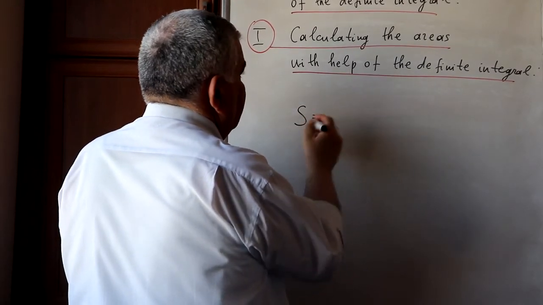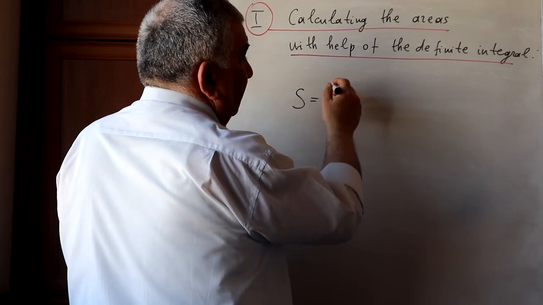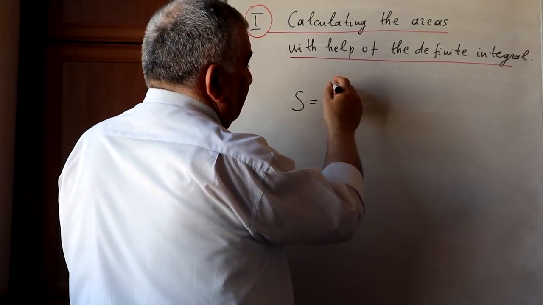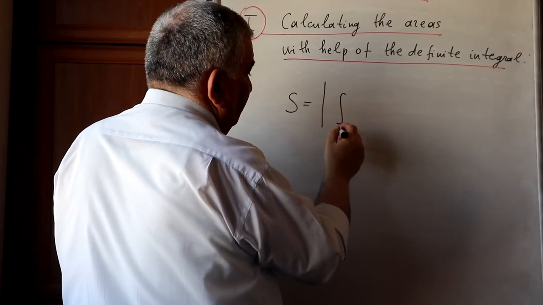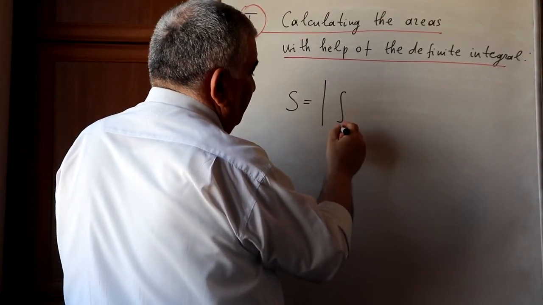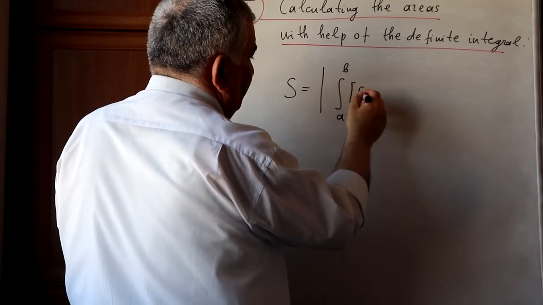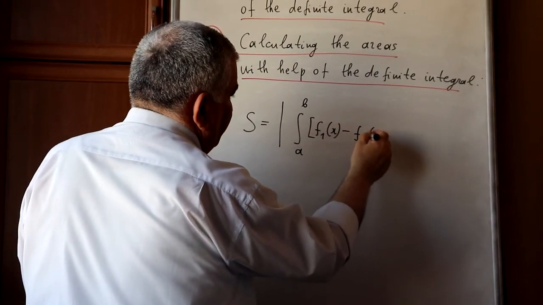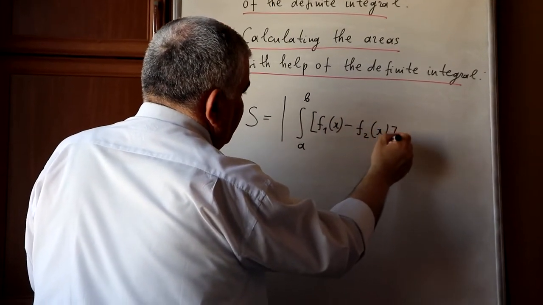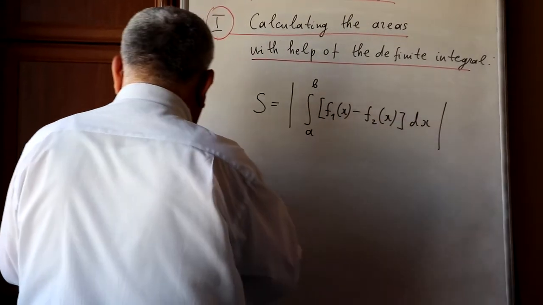S, the area, is equal to the modulus of the integral from a to b of f1 of x minus f2 of x dx, modulus.